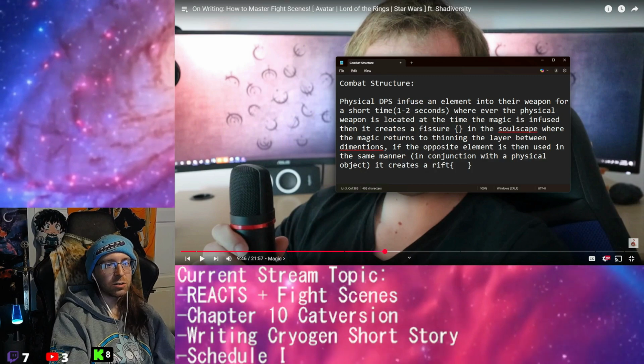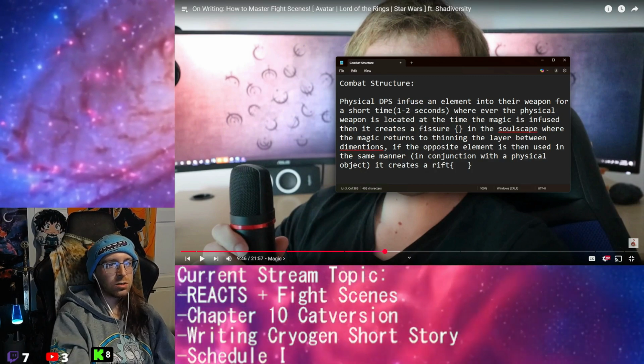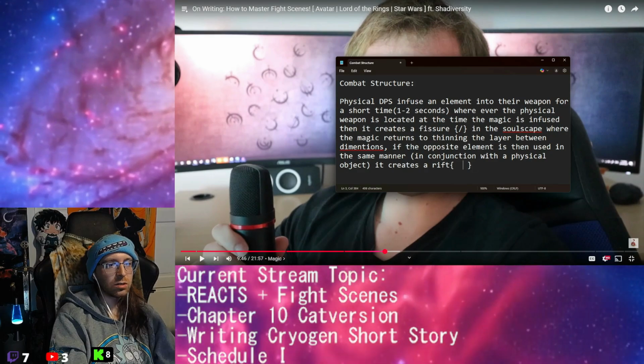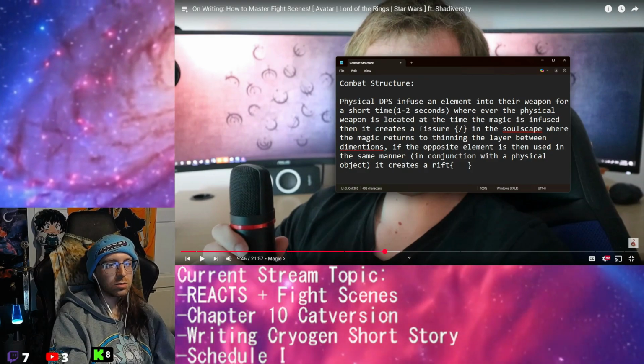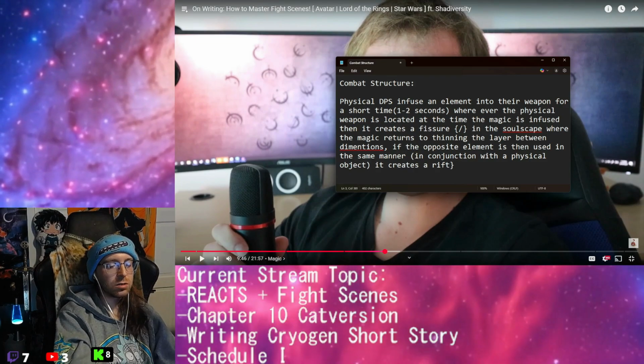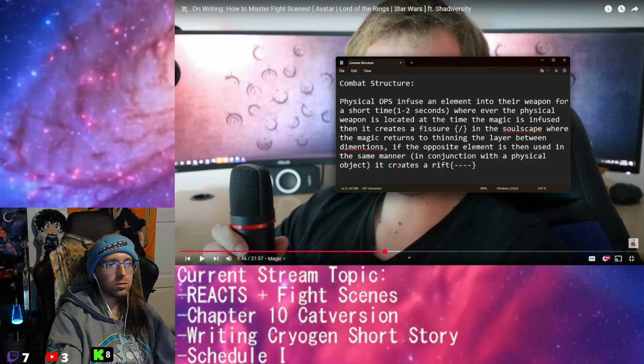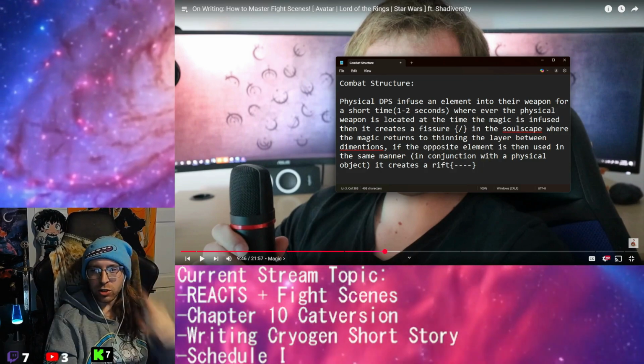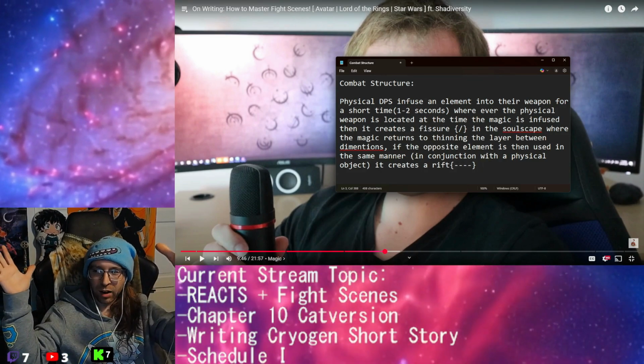So it creates a fissure, and then a rift. This is a small visualization, right? It's a small fissure, and then it just gets bigger.